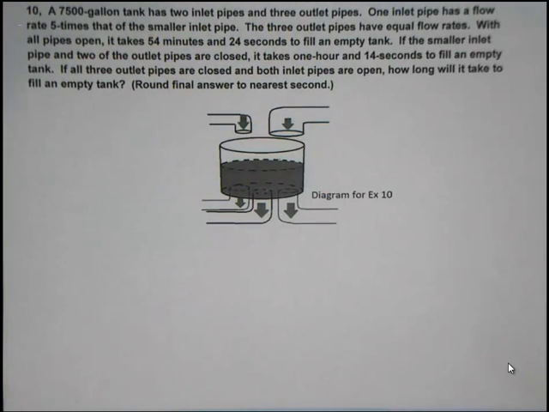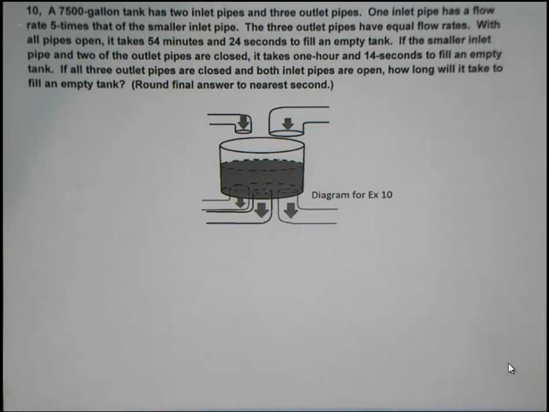Okay. Variable choice. Oftentimes choosing the quantity asked for as one of your variables is effective, but that would mean having our variable being time to fill an empty tank under conditions of 3 outlet pipes closed. That would be hard to work with. Clumsy.